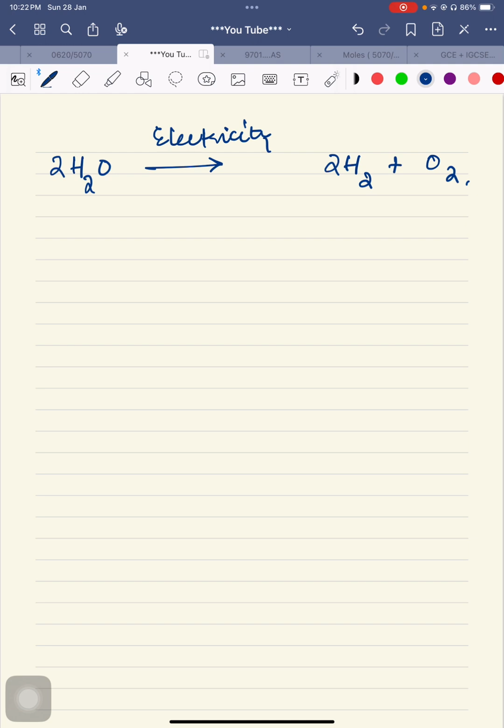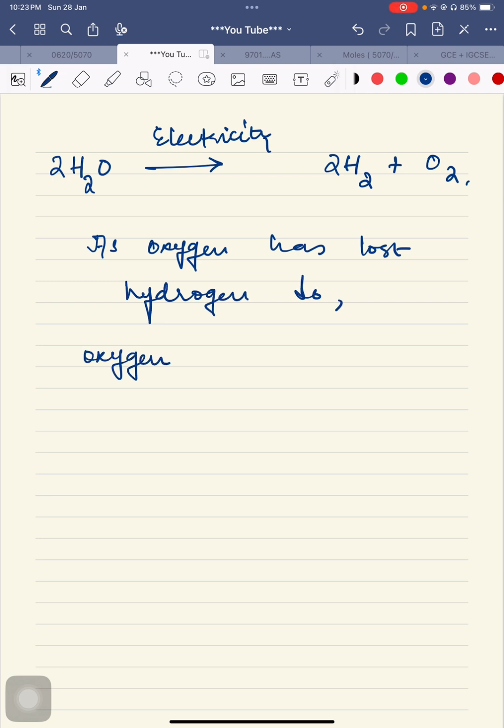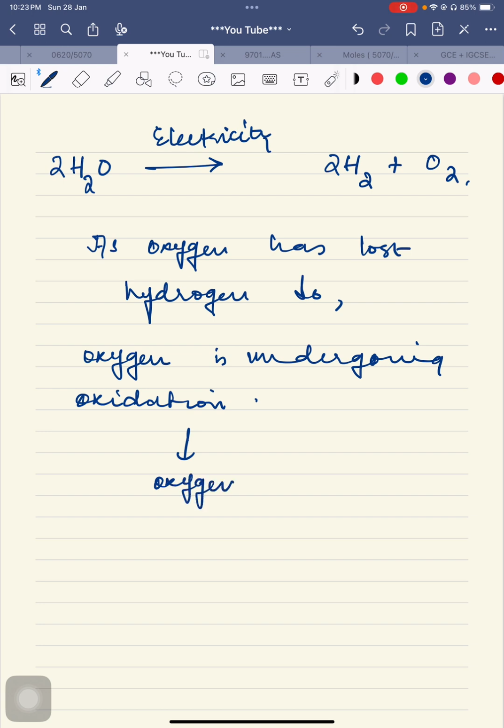As oxygen has lost hydrogen, oxygen is undergoing oxidation, or you may say that oxygen is oxidized. So this is the definition number 3 which we have implemented regarding hydrogen.